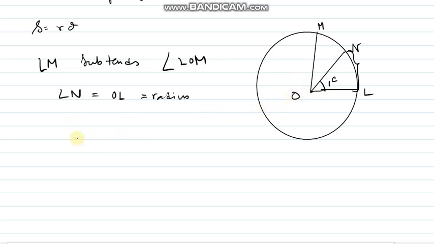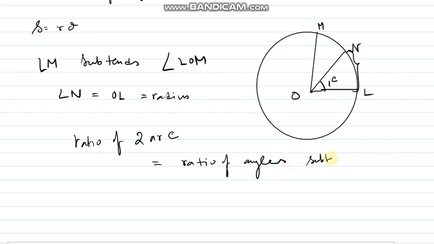We know that the ratio of two arcs in a circle is equal to the ratio of the angles subtended at the center by those two arcs.